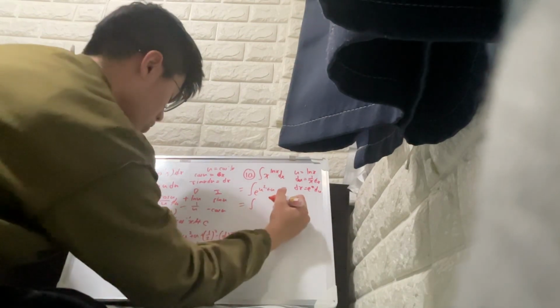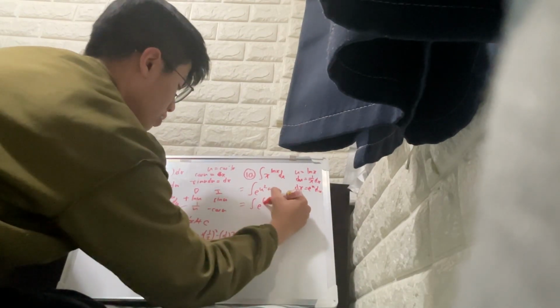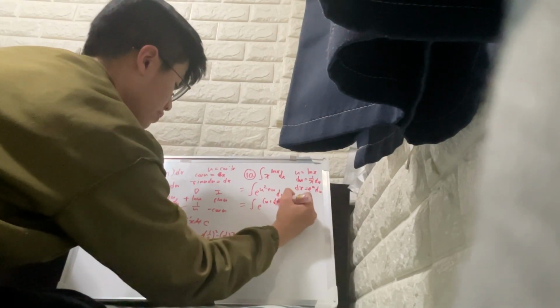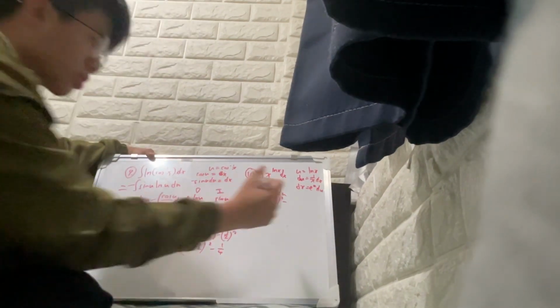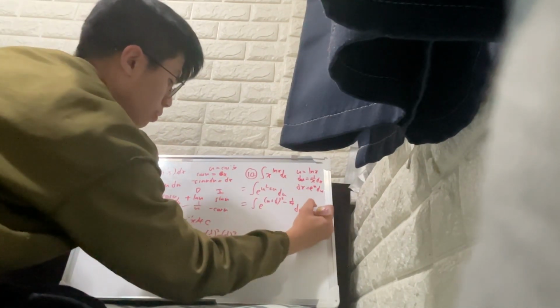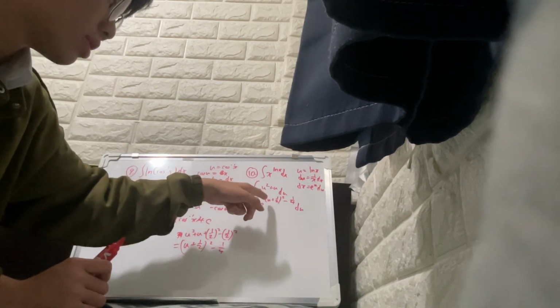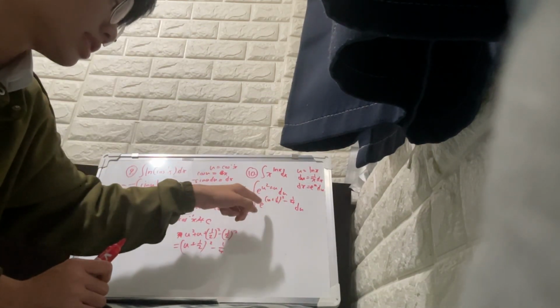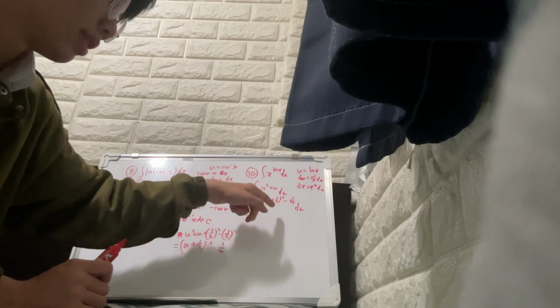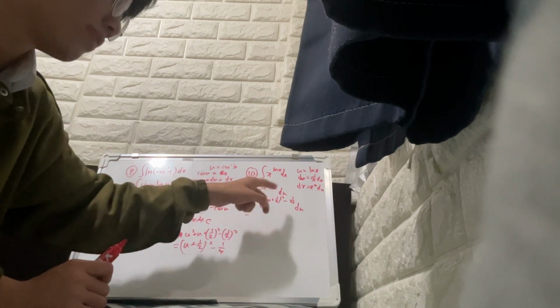Let me just put down the answer. The integral of e to the power of u plus 1/2 squared and then minus 1/4 du. And then e to the power of this minus this. We can write this as e to the power of this and then multiply by e to the power of negative 1/4, right?